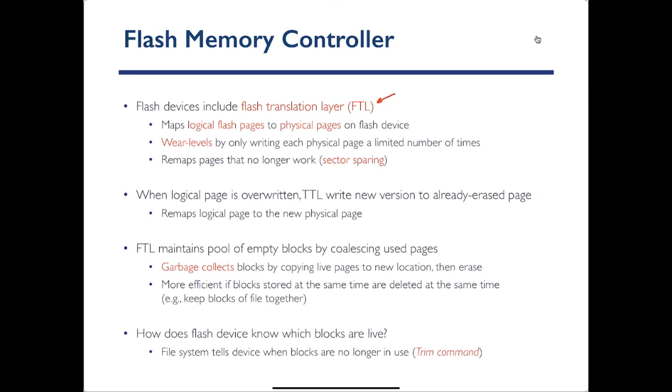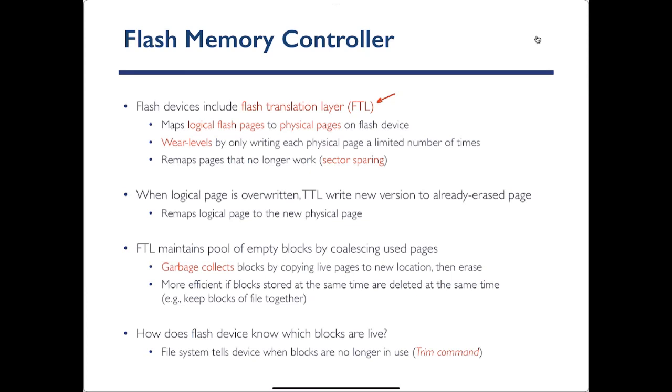Maybe it's in physical flash page 1000, because it keeps moving, right? So we need to have this mapping. It's very similar to the page table mapping that we discussed, but this one is done by the SSD controller internally inside the device. It does this transparently from the operating system. The operating system doesn't need to know where pages are, because the flash controller keeps moving them around every time it does garbage collection, for example.